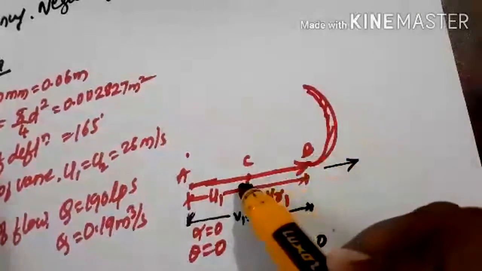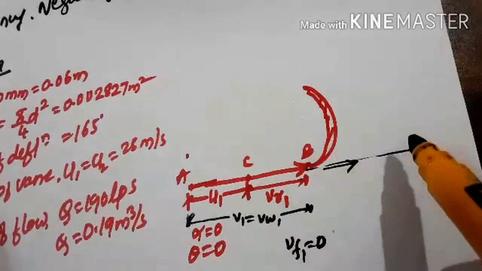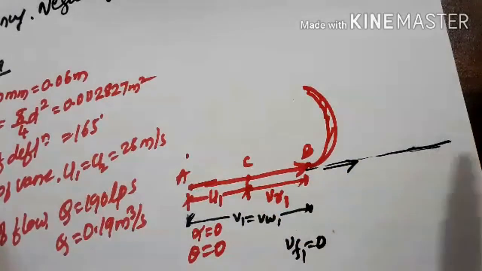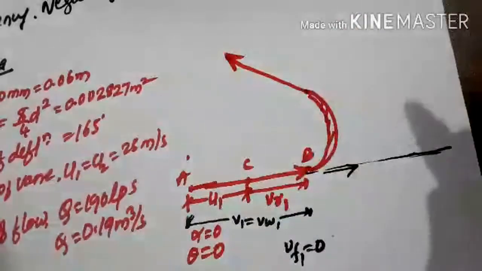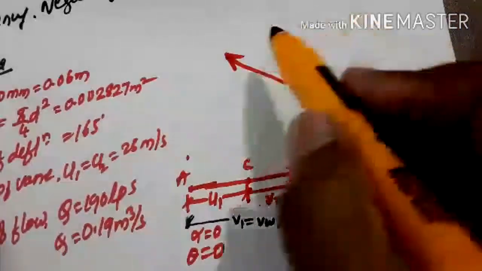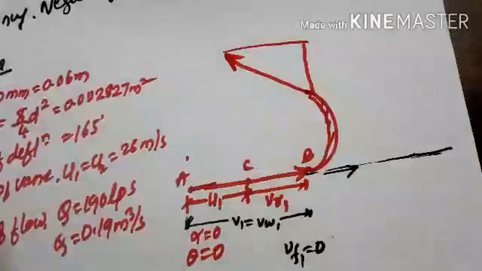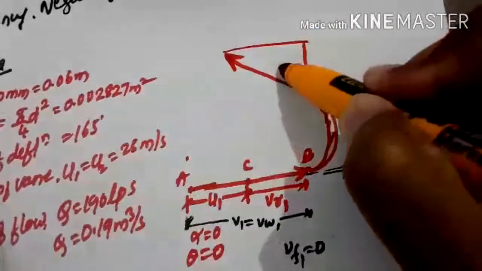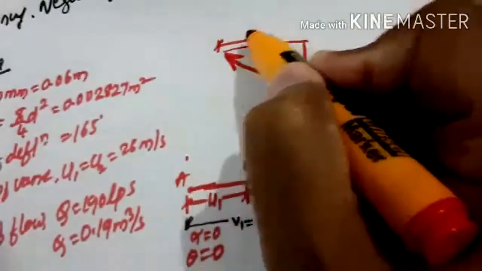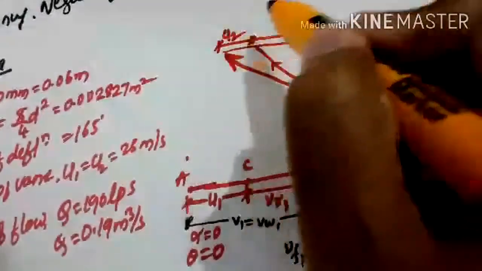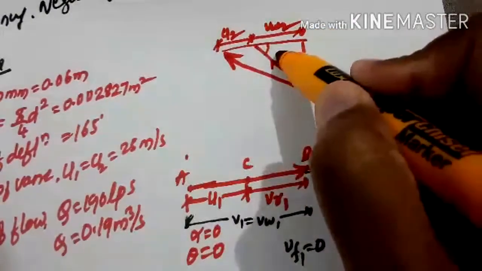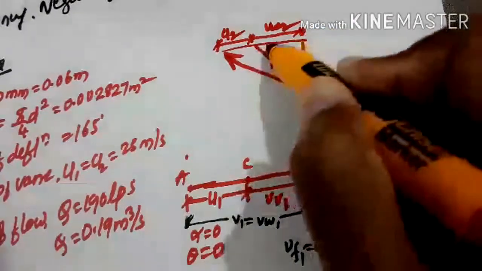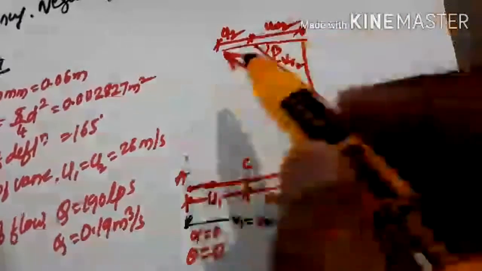Then after striking, the jet exits like this. Then you can mark like this. This will be V2, this is U2, this is VW2, and this one VR2, and this angle is beta.